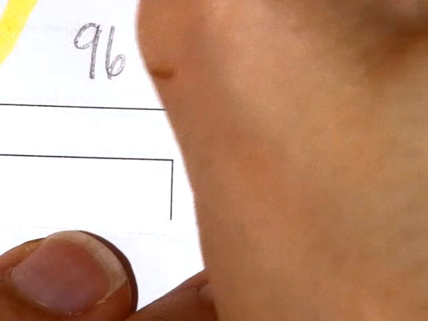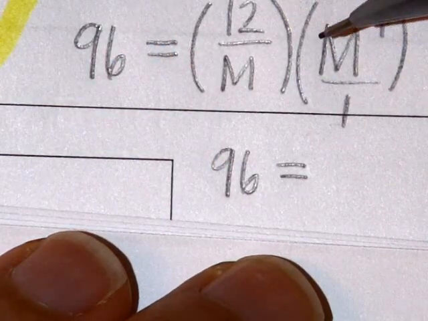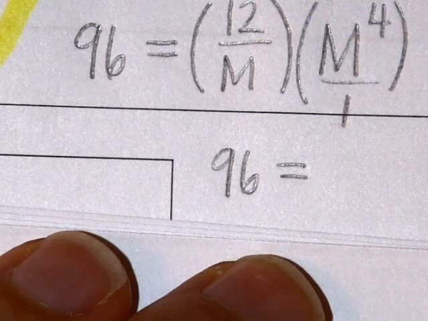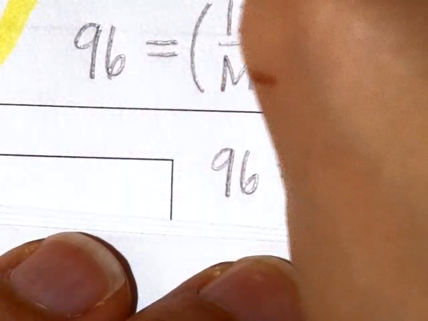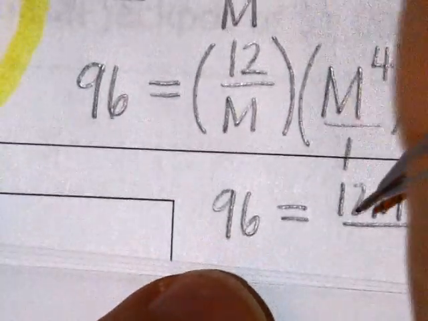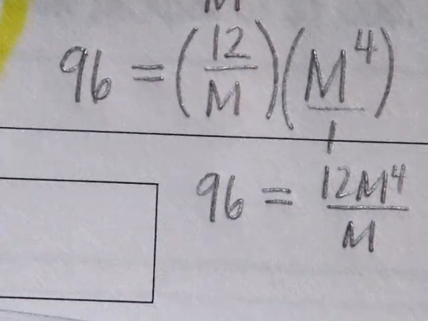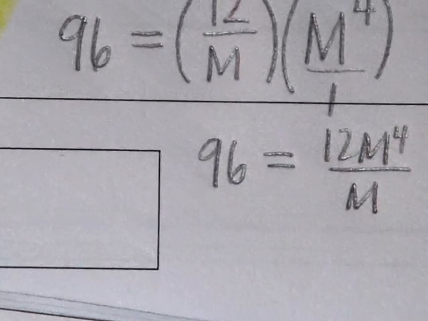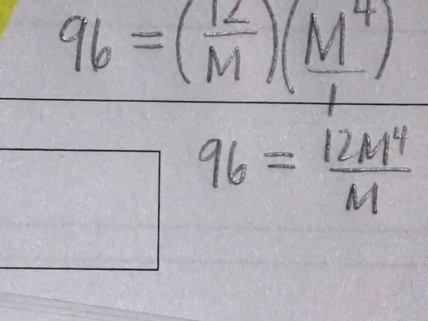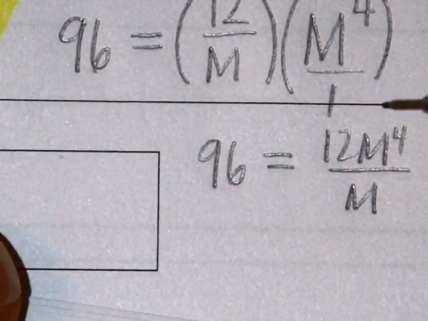So I have 96 equals, if I clean up the fractions, I can multiply the tops, 12m to the 4th over, on the bottom, m times 1 is just m. So that must be the problem I'm trying to solve. 96 equals 12m to the 4th over m. Now that looks like a fraction, so I was thinking, oh gosh, is this going to be tough?